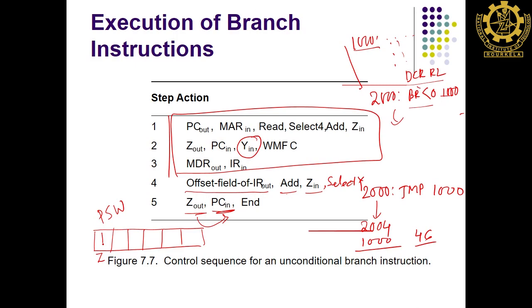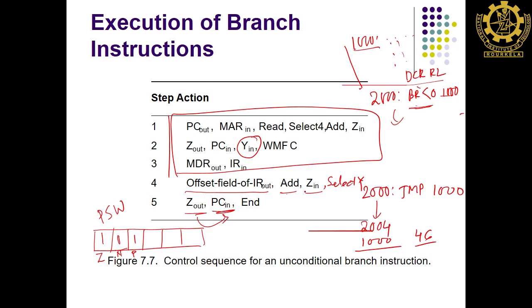If the result is negative, the negative bit will be 1. If the result is positive, let us say this is a positive bit, this will be 1, otherwise it will remain 0. So, after this operation if it is really negative, then what will happen? If it remains negative, then it will jump. Okay. So, that means if the negative bit is 1, then it will jump, otherwise it will not jump. So, it will check whether the negative bit is on or not.